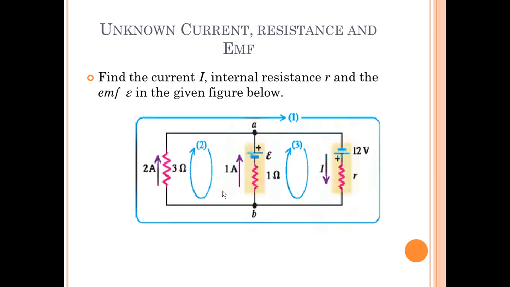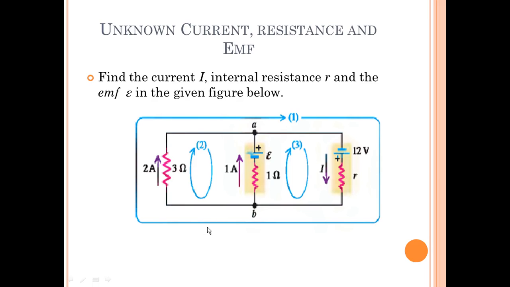The solutions making use of elimination, substitution, simultaneous equation, or making use of the matrix. Then you just simply apply those solutions in order to solve for the missing quantities here.